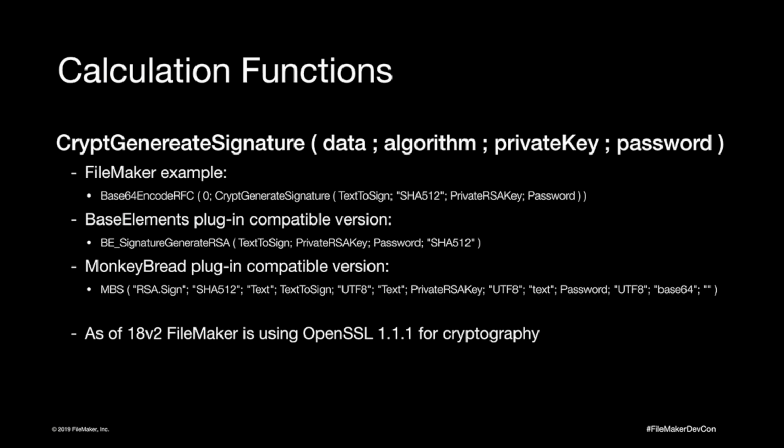And lastly, there's these new calculation functions. There's not too much to say. If you use the base elements versions or the monkey bread versions of this, this basically does the same functionality. Much like I've been talking about signing plugins and how you sign host sites and stuff like that, you can now sign images or sign text, and this is how secure mail is usually done on the internet.